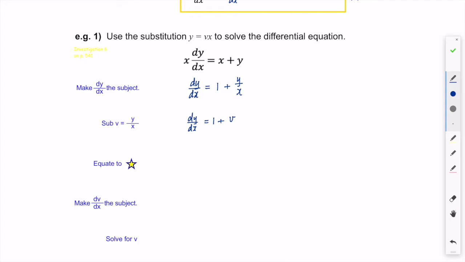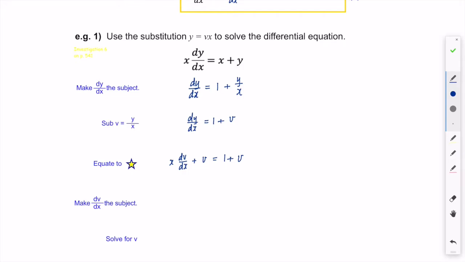But I also know that in the box, the big star above, dy by dx can be written in the form of x dv by dx plus v equals 1 plus v. So now we have replaced dy by dx with dv by dx in the expression.